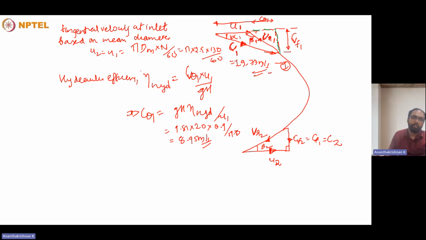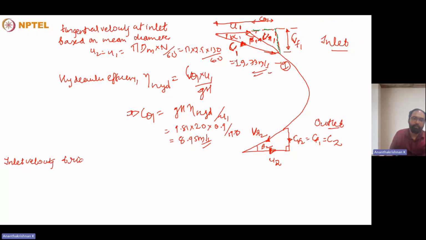So now we can calculate the blade angles from the inlet and outlet velocity triangles. This is the inlet velocity triangle, and this is the outlet velocity triangle.